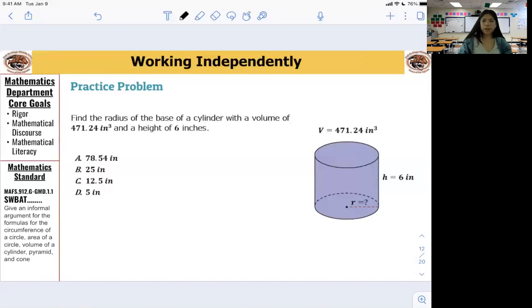All right, about 1 more minute remaining. All right. 5, 4, 3, 2, and 1.